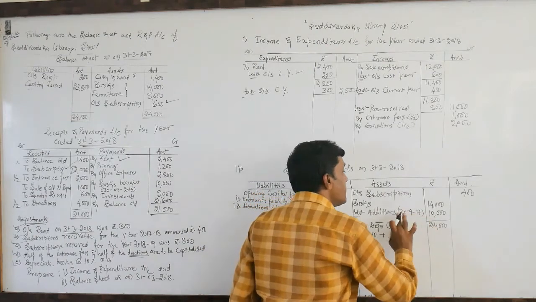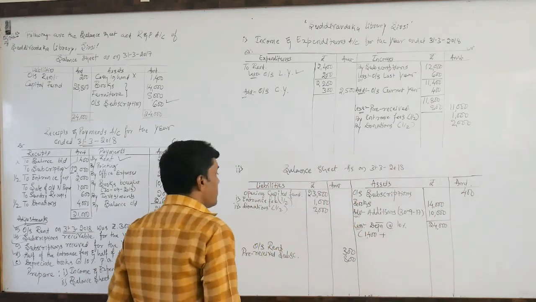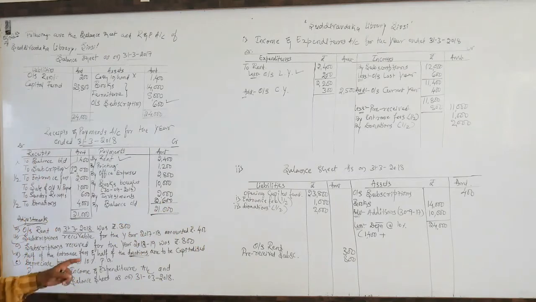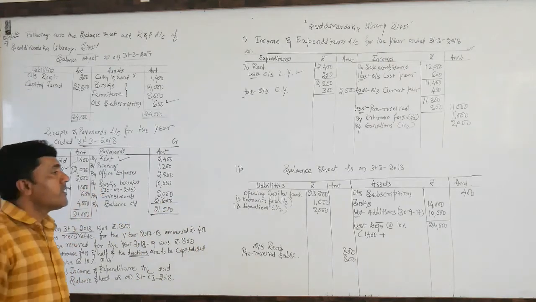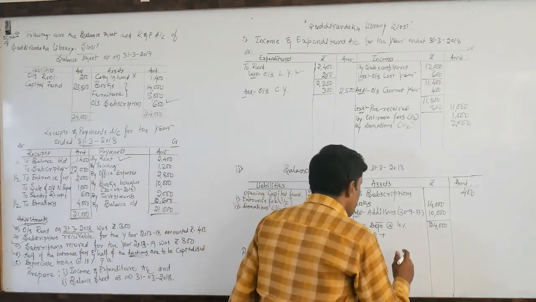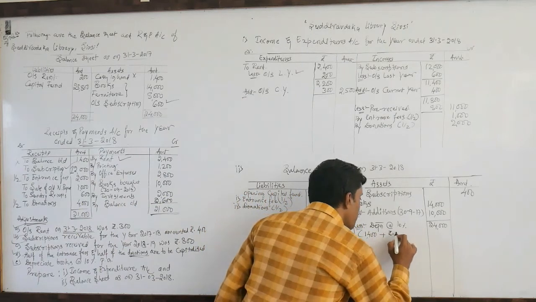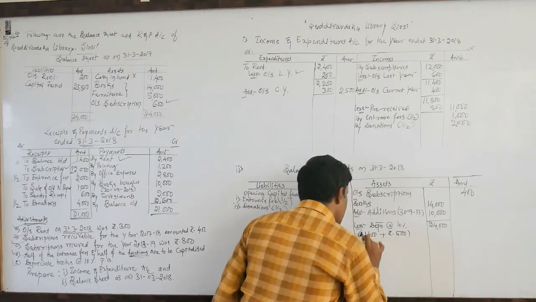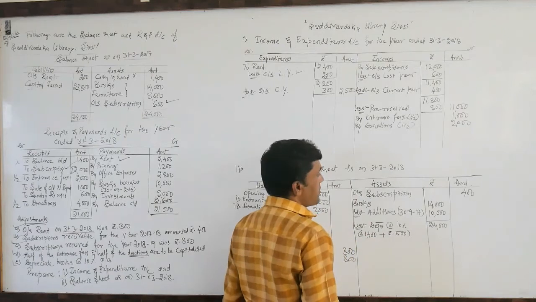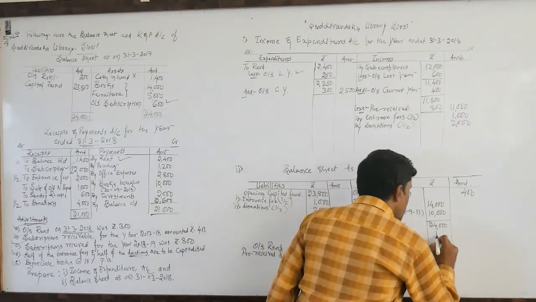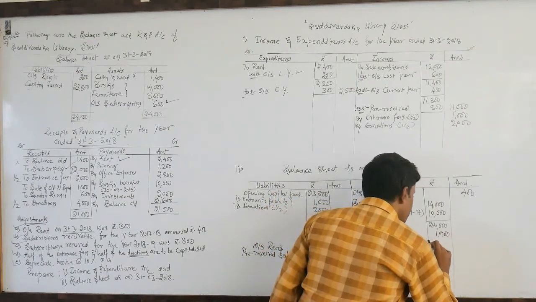If it were throughout the year, but here we purchased the books in the middle of the year, that is the reason we need to charge only rupees 500. So total depreciation on books is 1,900.